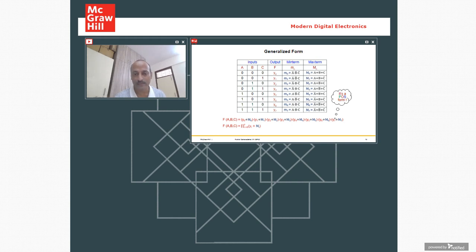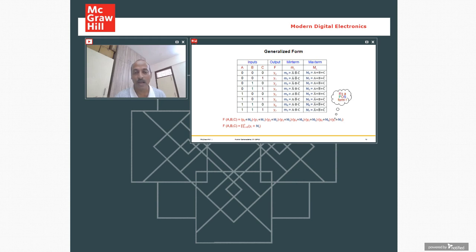So we will write the sum for every max term, and finally we are going to take the product. Okay, so if Y0 is equal to 0, then that term will be equal to 0. If Y1 is equal to, let's say, 1, then the summation with M1 is not going to affect, because the output is going to be 1 for this particular term.